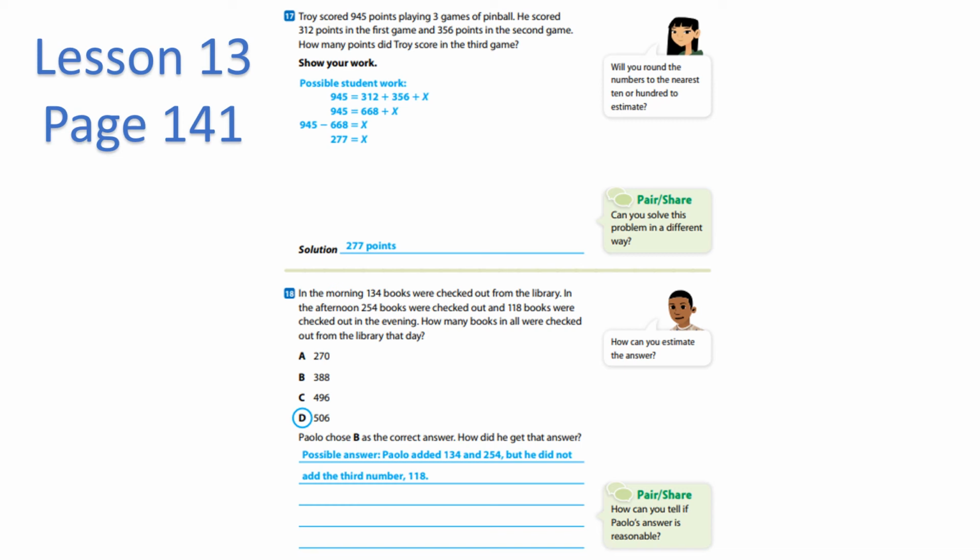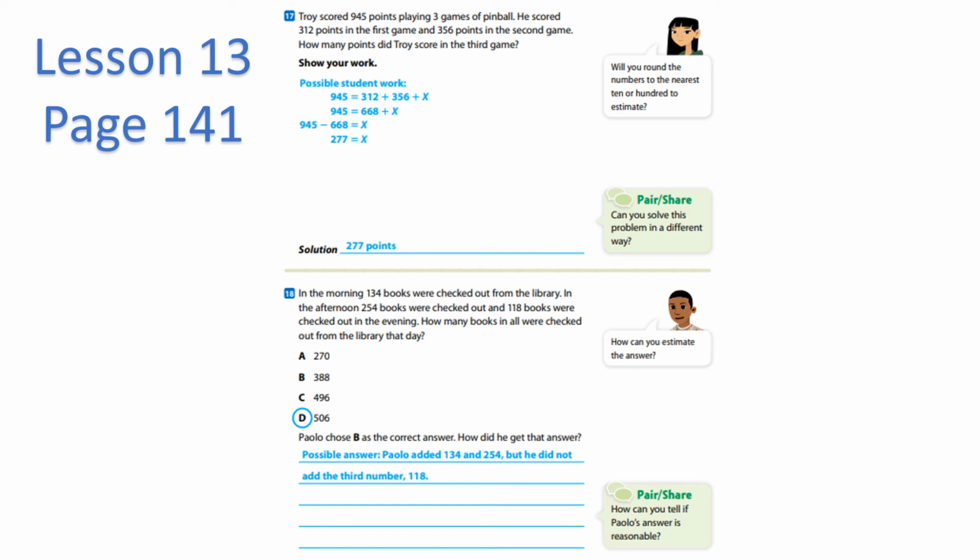Okay, so now, if we focus on our information here, we know we would solve this problem by adding all of our numbers together. So we would add 134 plus 254 plus 118 to get the total number of books checked out. When we add those 3 numbers, we will get a total of 506. So that's why they're choosing D as the correct answer.